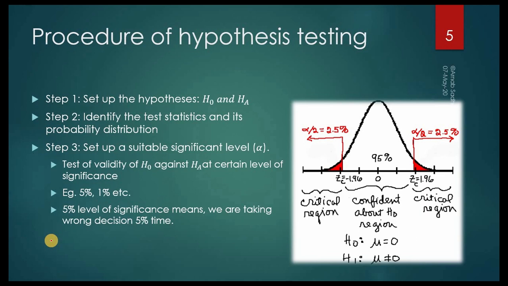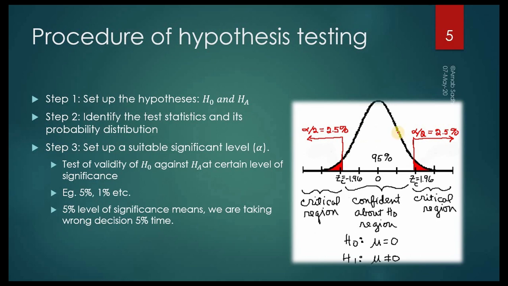Now what is significance level? It is also denoted by alpha. Significance level says how significant your result is. For example, significance level can be 5%. So 5% level of significance means that we are 95% confident with our result. That is, 5% of the time we are taking a wrong decision.